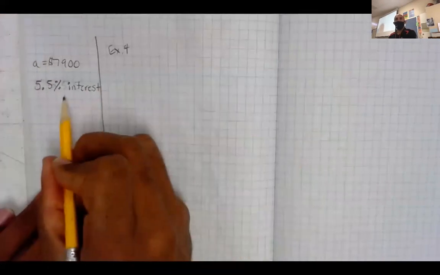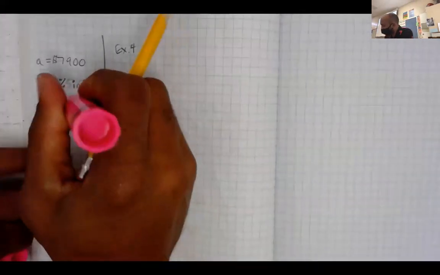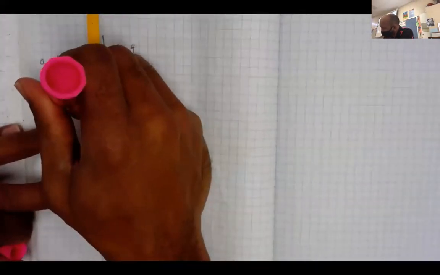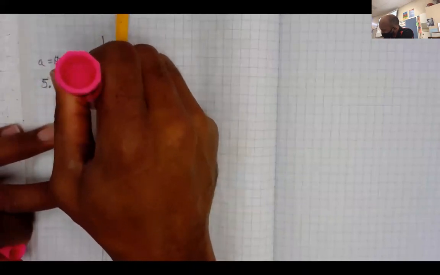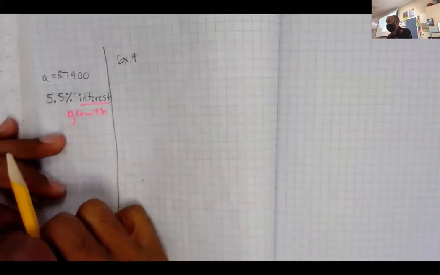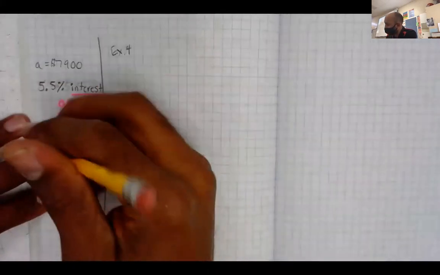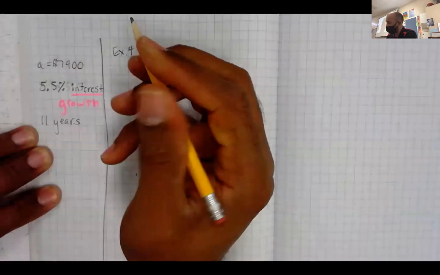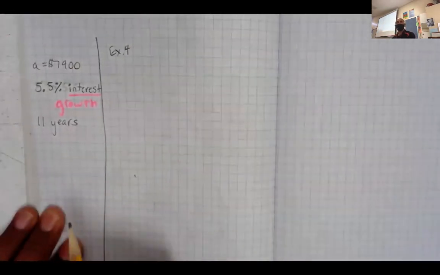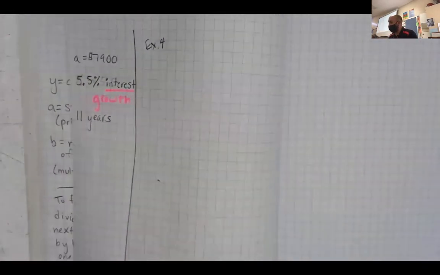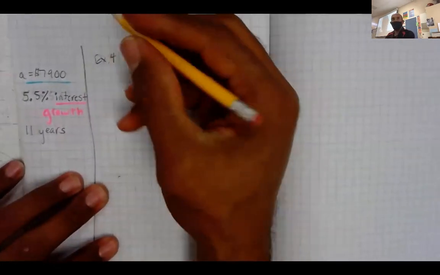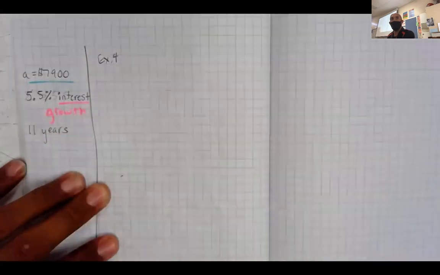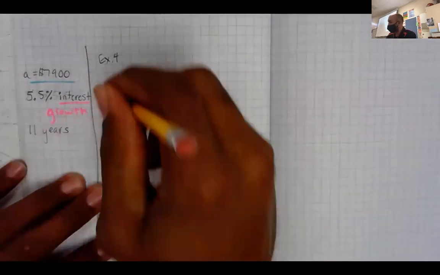All right. And again, when we see interest, this is growth. All right. And then we want to know how much money after 11 years. All right. So again, that first one, that's our start value. But we need to figure out the B value first.